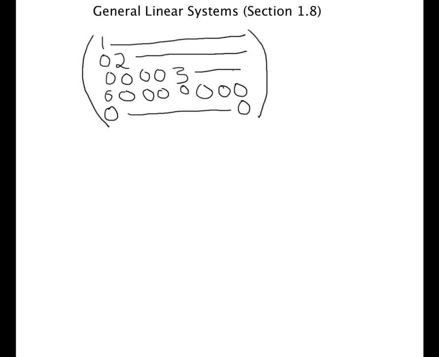Okay, so here's our matrix again, and now let's suppose that this was actually part of the matrix of a system of linear equations. So this matrix has 8 columns, and so we have 8 variables, x1, x2, down to x8.